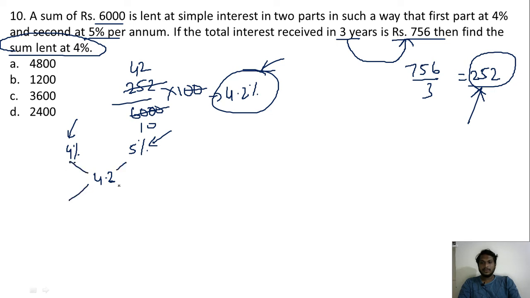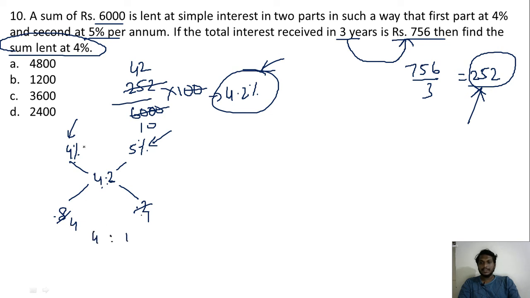So this is 4.2% minus 4%, that is 0.2, and 5 minus 4.2, that is 0.8. Here the ratio is 4:1. Here 0.2 into 1 and 0.2 into 4, you have 4:1.